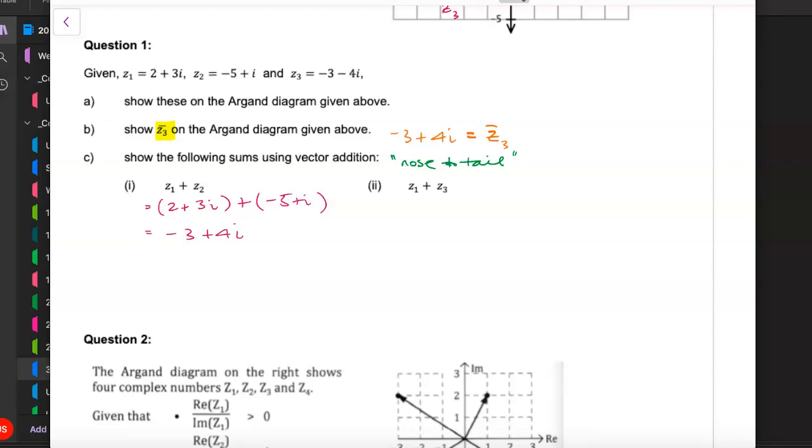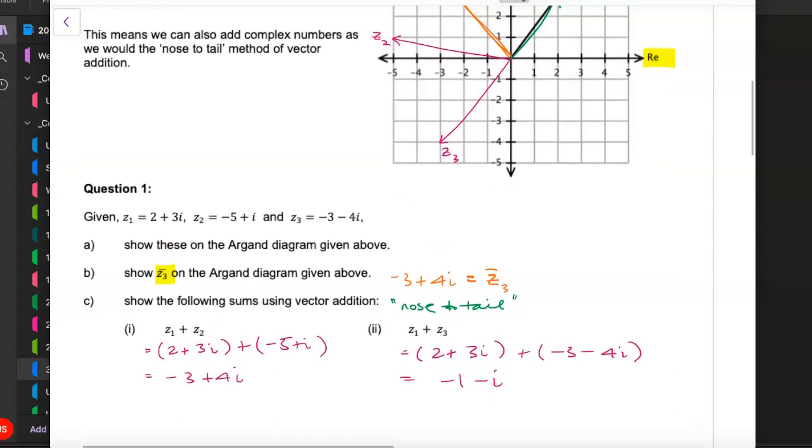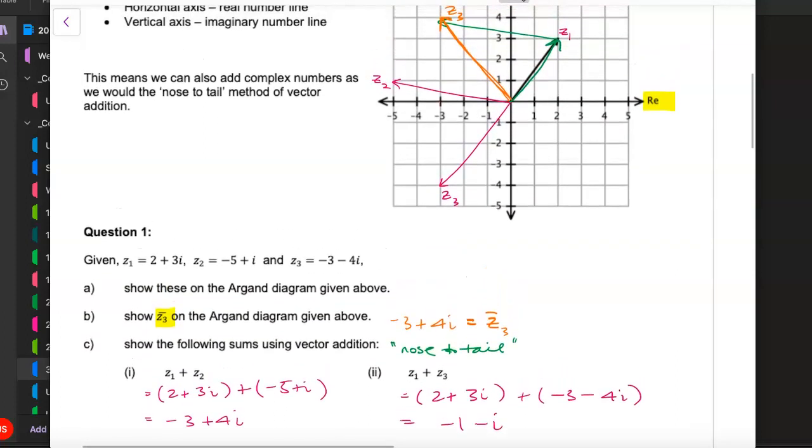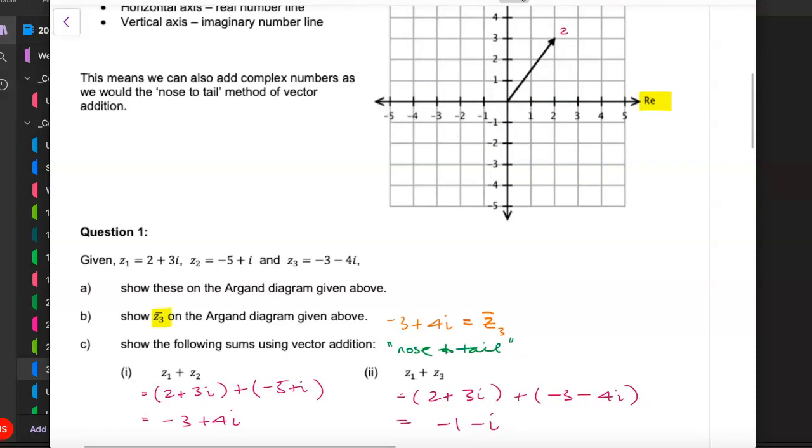So if we had z1 plus z3, we know we would end up with 2 plus 3i plus negative 3 take 4i, and that will give us negative 1 subtract i. So if we pop that on our Argand diagram, I'm just going to delete the ones that we've currently drawn on so we can see that a bit clearer. We've got z1 already drawn for us. We had z3 down in this direction here.